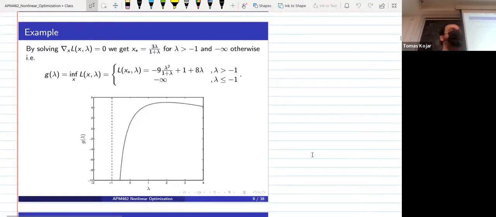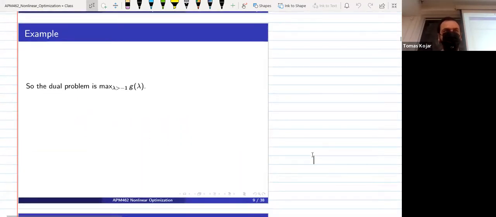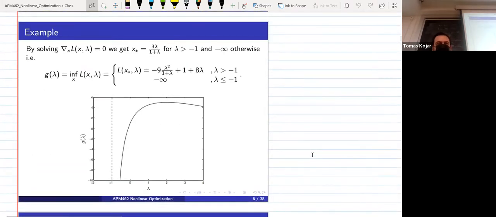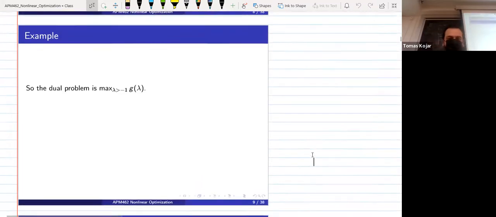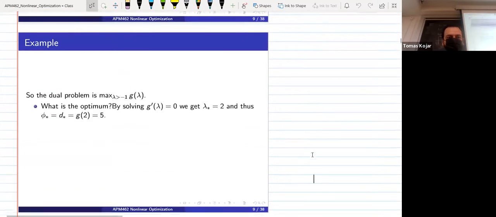So the dual problem is to maximize that guy for lambda bigger than -1, and I ignored less than -1 where it's minus infinity. So what's the optimum?